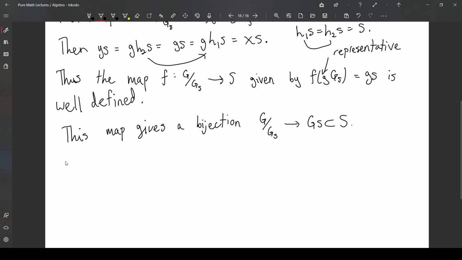And we know, right, GS, well, let's say T is in GS. This implies T is equal to GS, and therefore T is equal to f of GS, which is an element of the image of f, right?